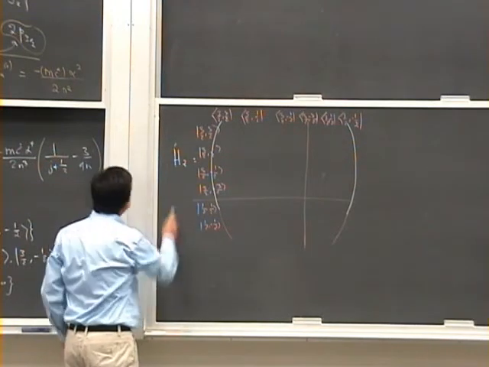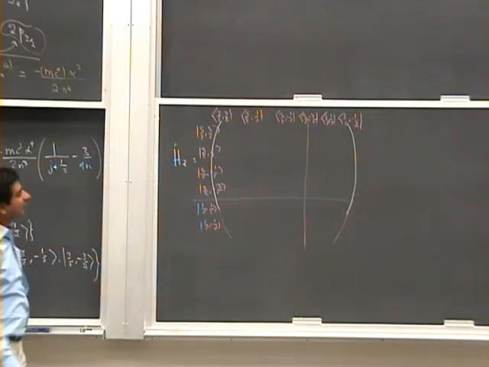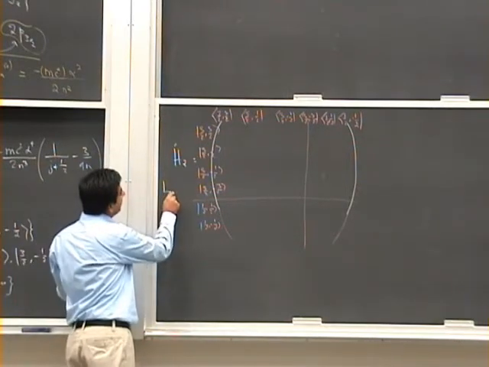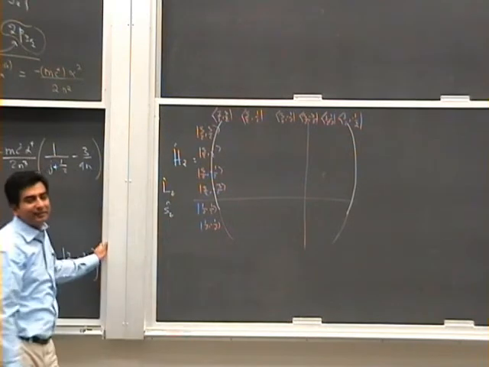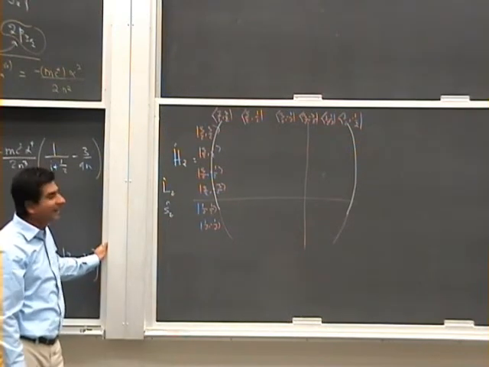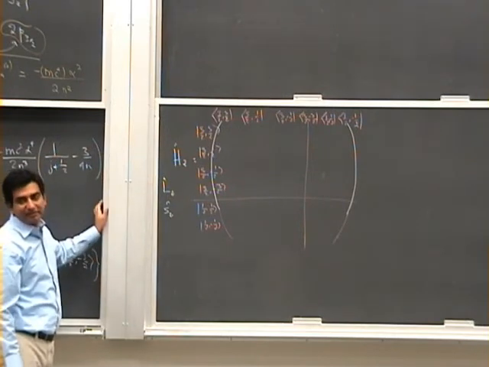HZ, however, is proportional to 2 times SZ plus LZ. So I will have to find out LZ separately, I will have to find out SZ separately, and then I will have to do LZ plus 2 times SZ, and I will get HZ.